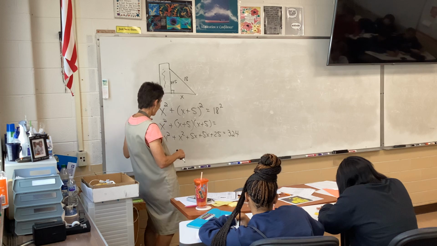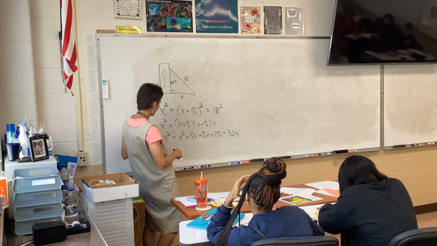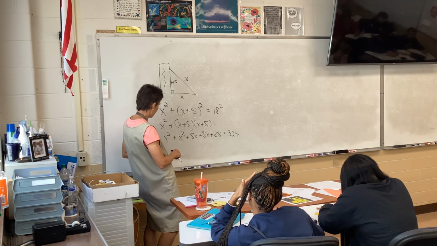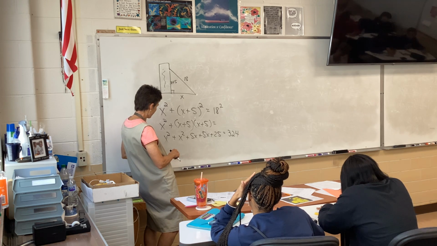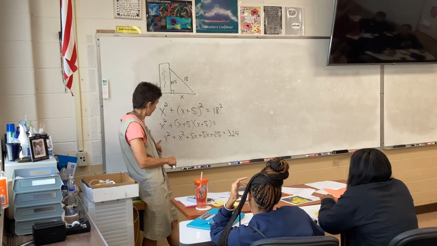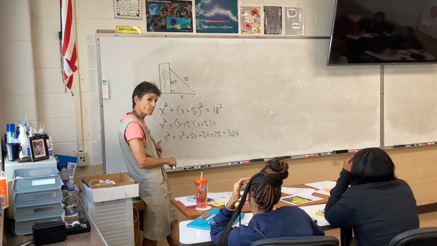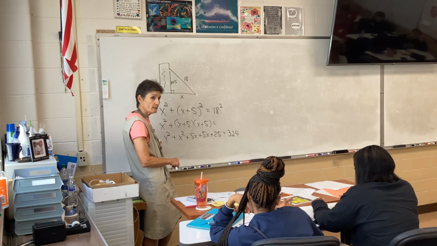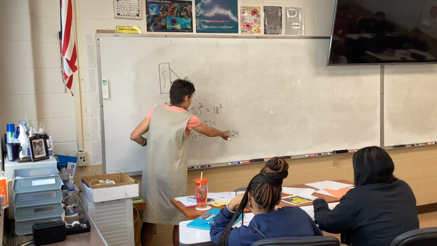Okay, Jaden, are you keeping up here with this mess we got going on? What would be the next step, Jaden? What do you think? No idea? Look at this mess right here.